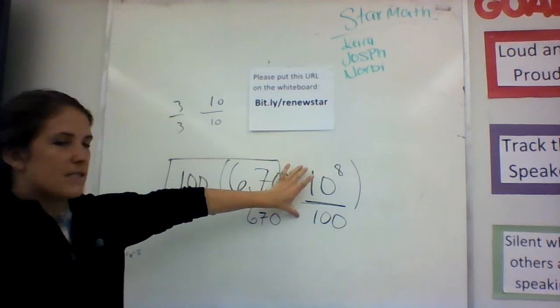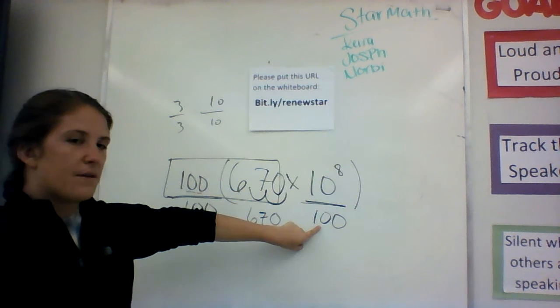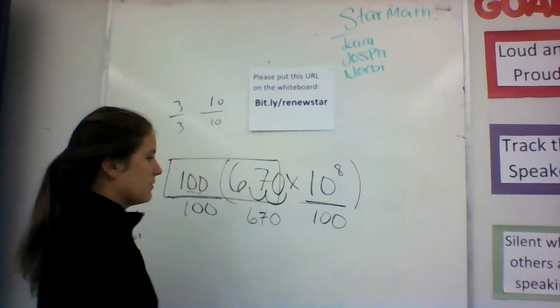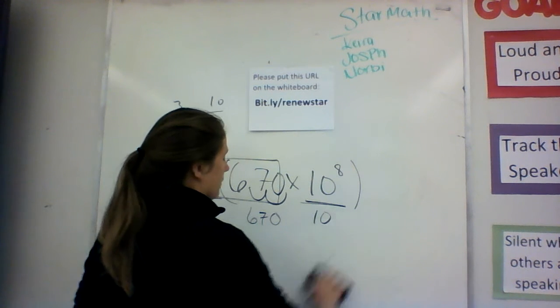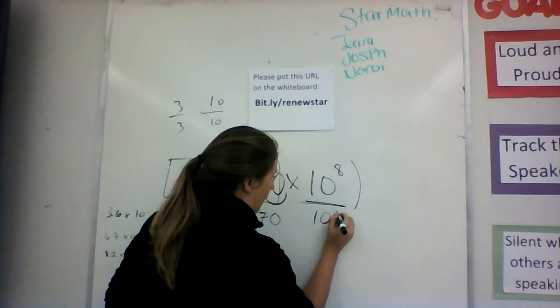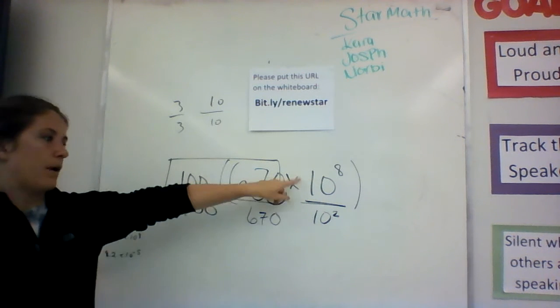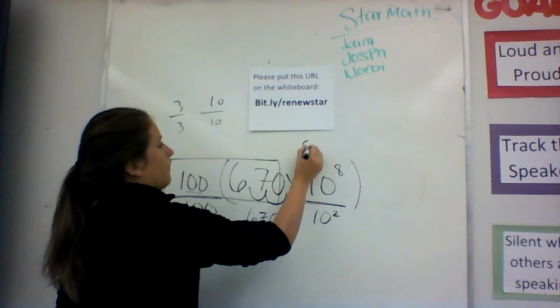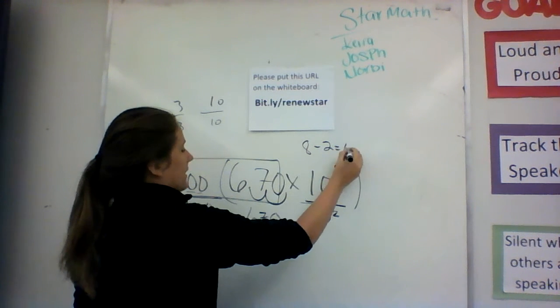Now this doesn't work as well. So I'm going to rewrite this as an exponent. I have 2 zeros, which means that this is 10 to the 2nd power. And I know that when I'm dividing exponents, I can subtract. 8 minus 2 equals 6.